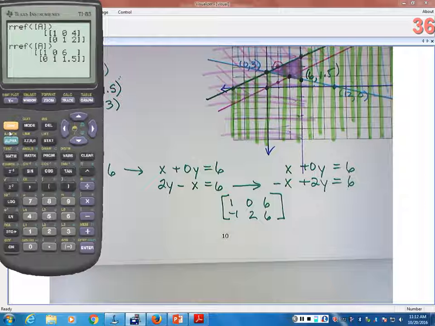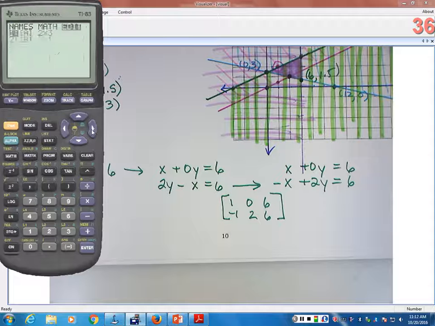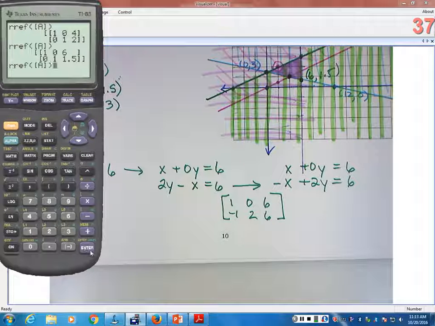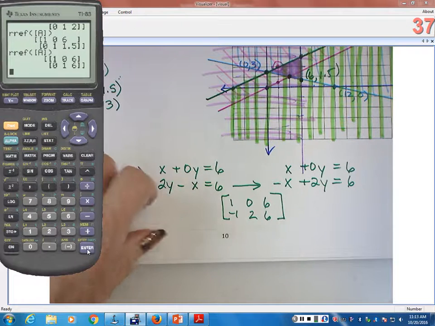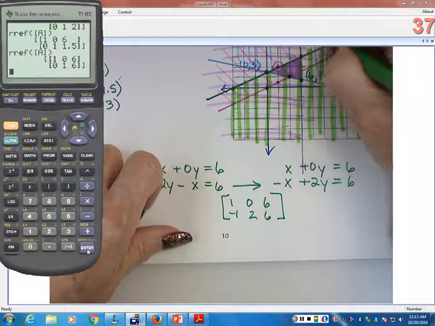And all I'll need to do is go and change the second row of matrix A. So that should be negative 1, 2, 6. Again, I'll do the row reduced form of A and see that x is 6 and y is 6. So this point is 6, 6.